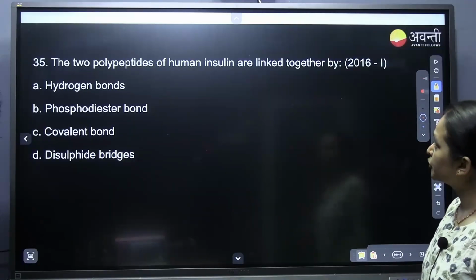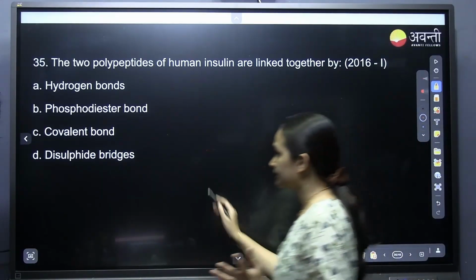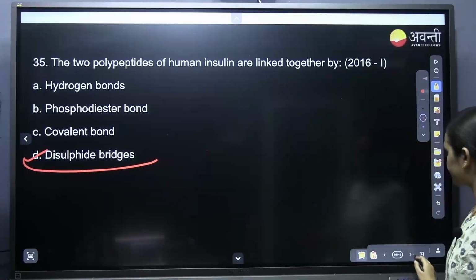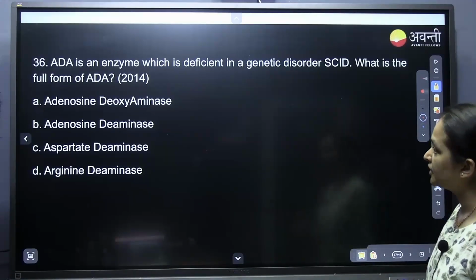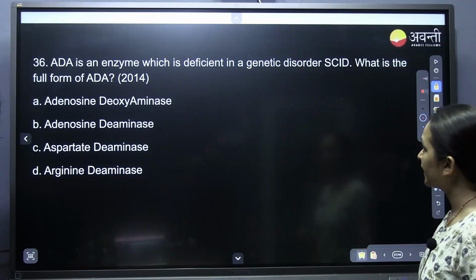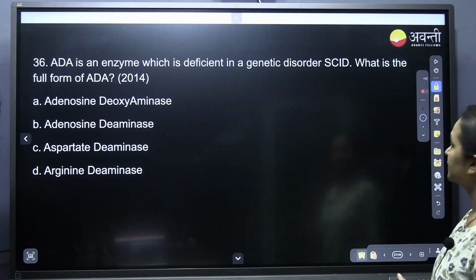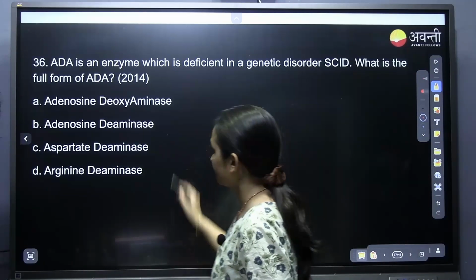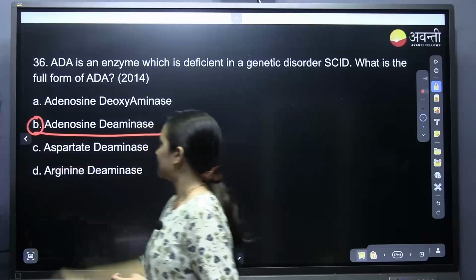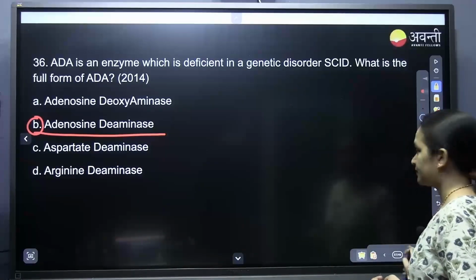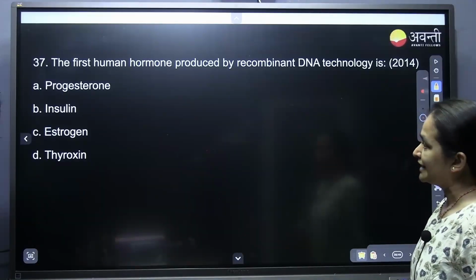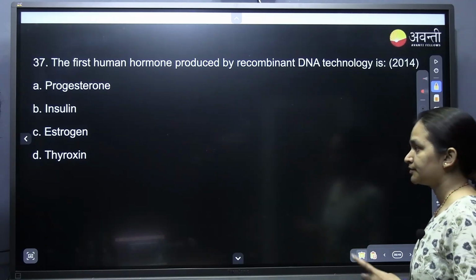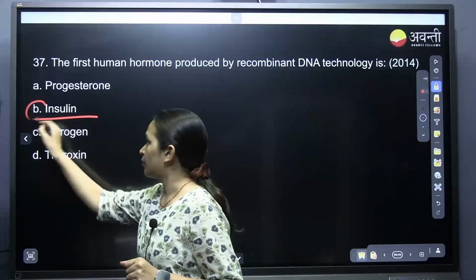The two polypeptides of human insulin are linked together by disulfide bridges. ADA is an enzyme which is deficient in a genetic disorder SCID. What is the full form of ADA? Adenosine deaminase. Yes. The first human hormone produced by recombinant DNA technology is insulin.